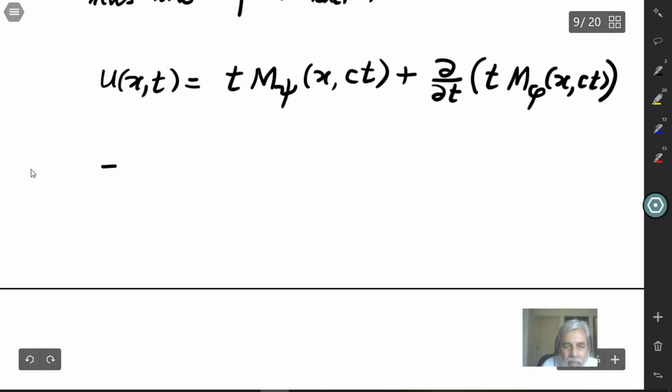So this is just t by, in n equal to 3, sigma 3 is just 4 pi.